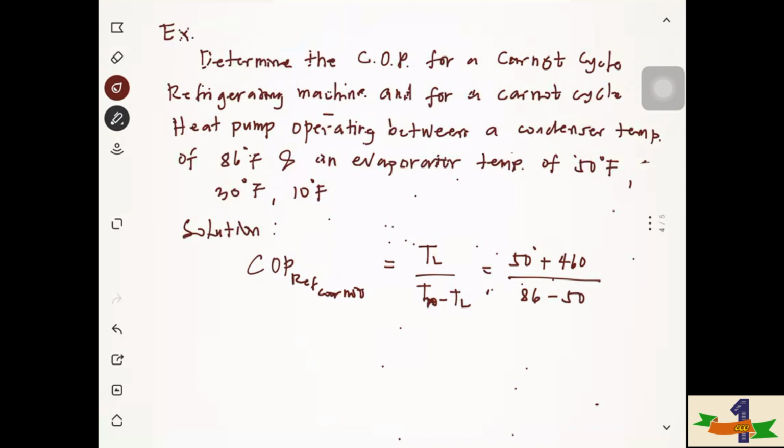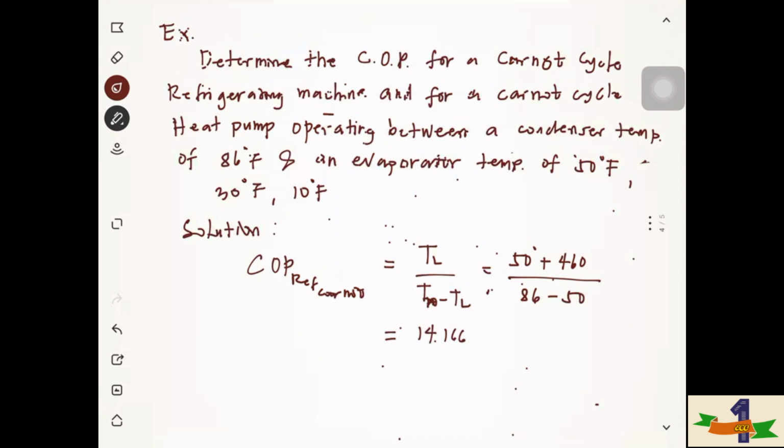If you calculate this with your calculator, 50 plus 460 is 510 over 36, and 510 over 36 is 14.166. We know that the COP is dimensionless, so there is no unit.